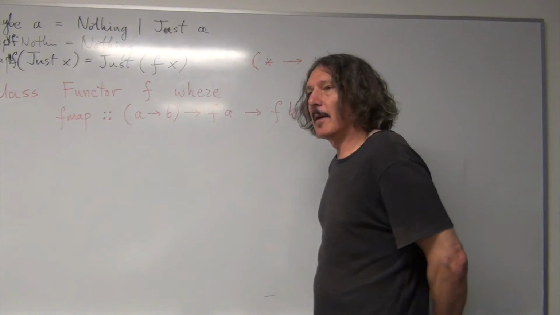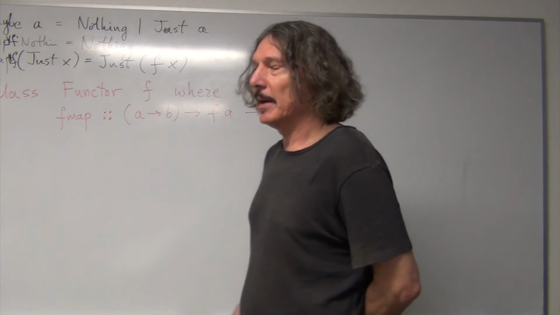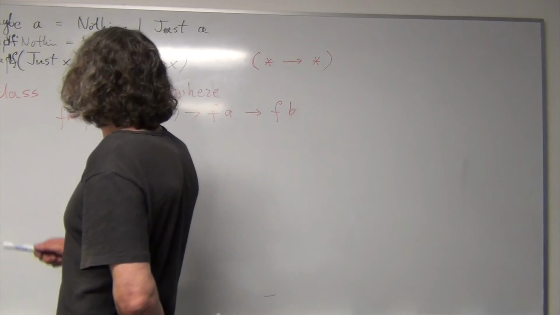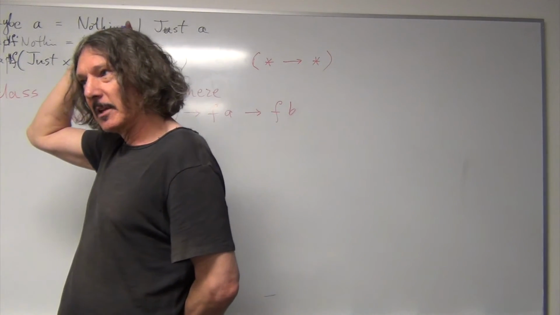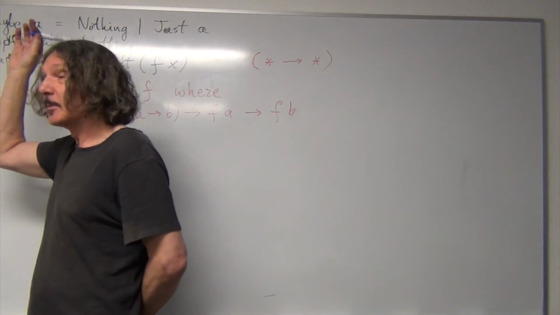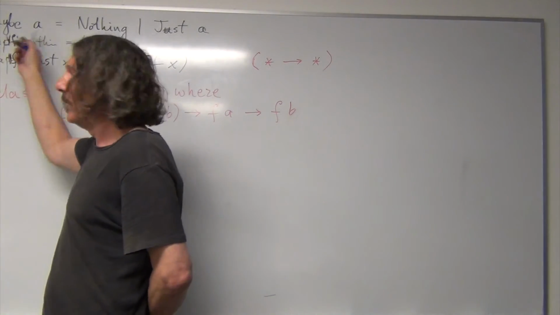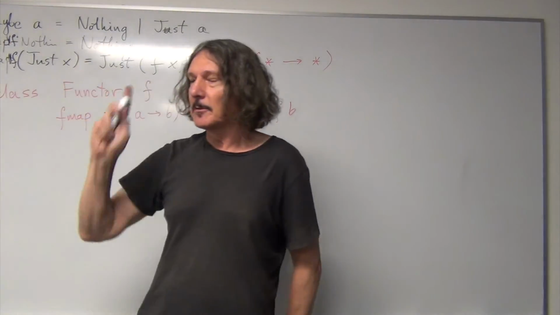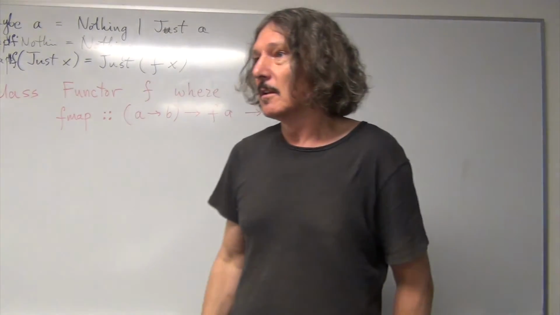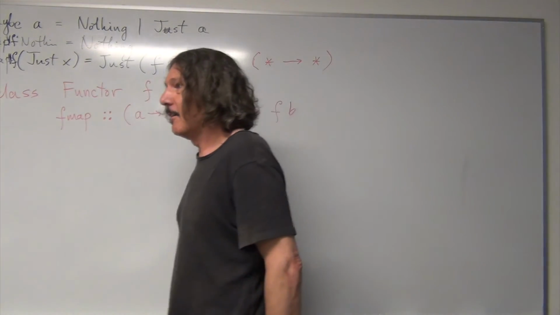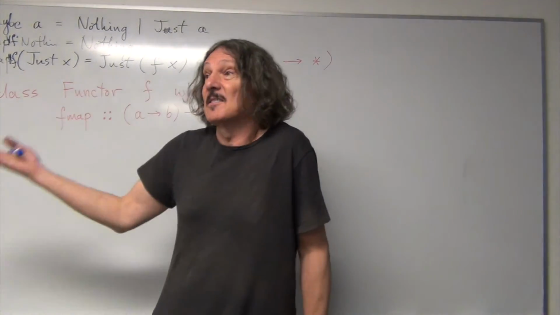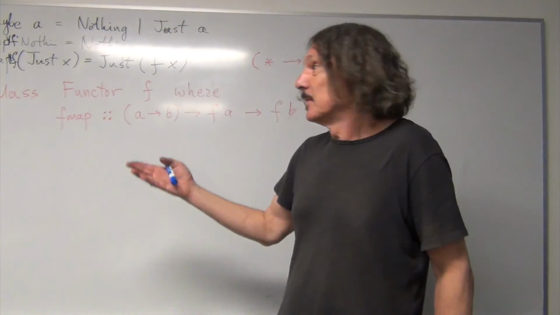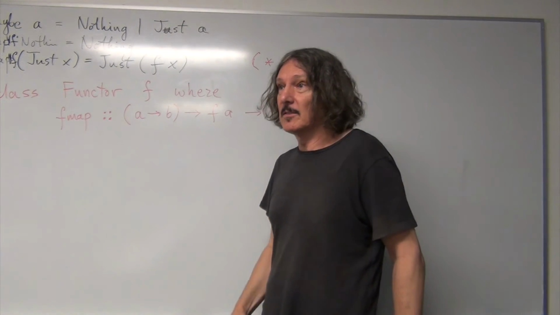But the compiler will not figure out by itself that maybe or list are functors. Well, it knows about list, but let's suppose it doesn't know. By itself, it cannot figure out that these are functors. I mean, they all have some functions that have the same signature, but are these the functions that correspond to fmap or not?